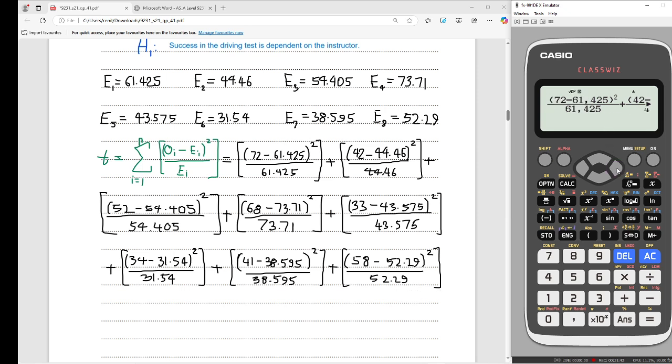So let's just go through everything so that we've got the right values. So far it's okay.